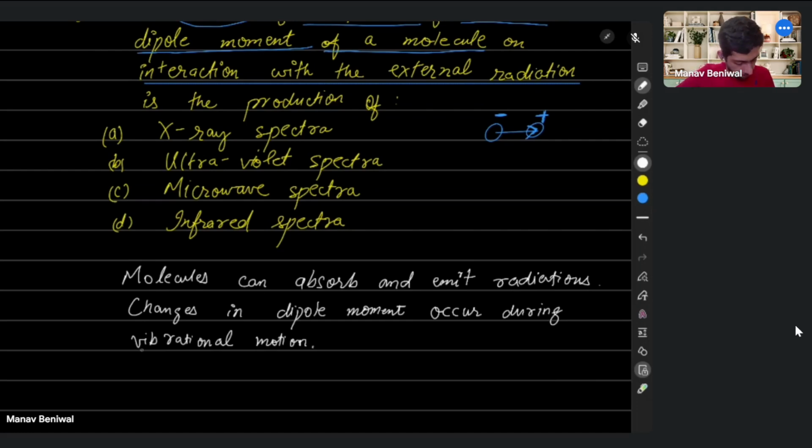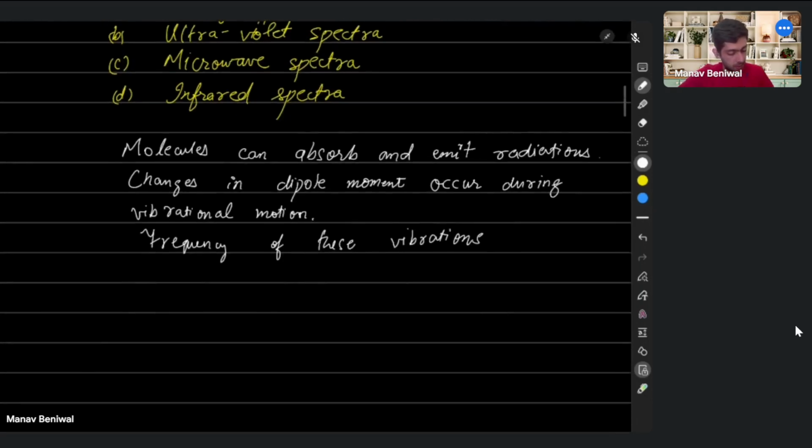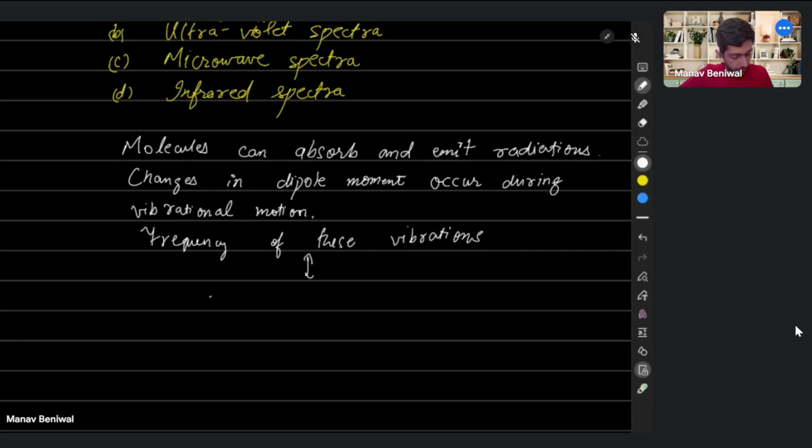Okay, and the frequency of these vibrations and the frequency of infrared spectra are very similar, so therefore infrared spectra is correct.